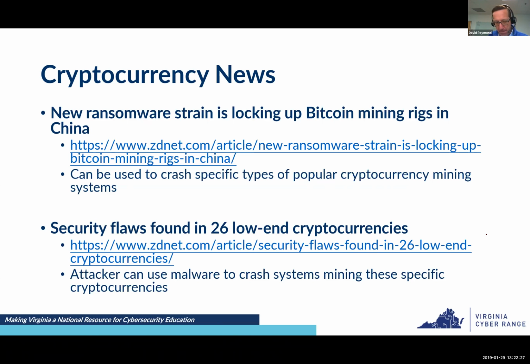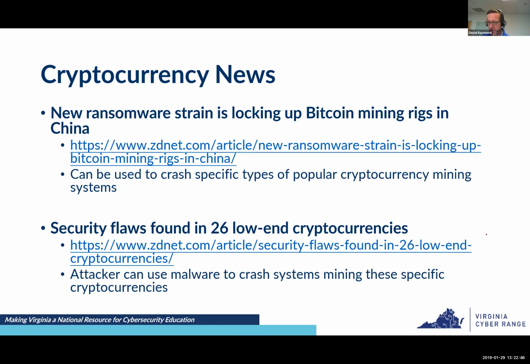So that I thought was kind of an interesting story. Ransomware that's targeted towards a specific computer system instead of just trying to lock up anybody who they can get to pay. This ransomware is targeted at specific Bitcoin mining systems.